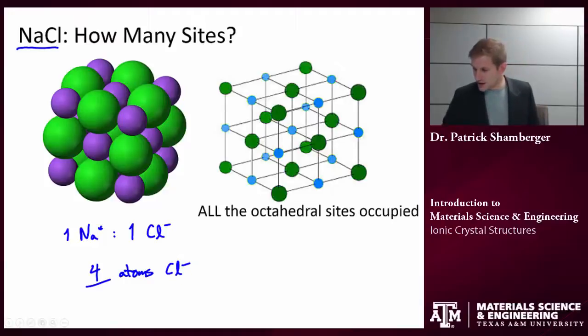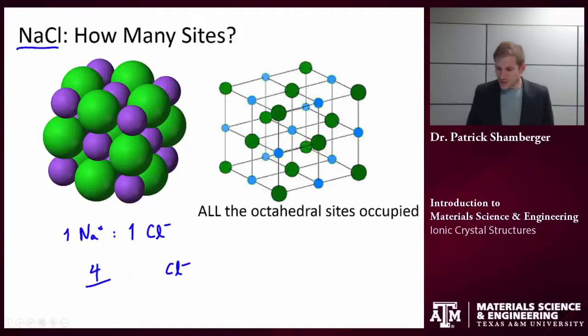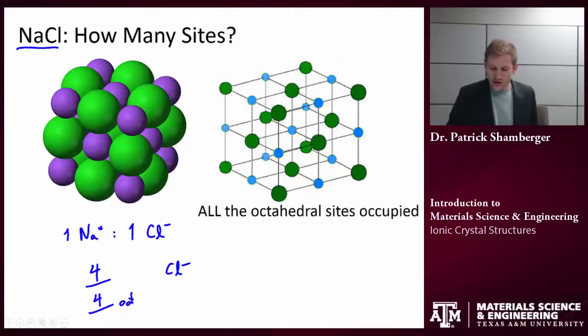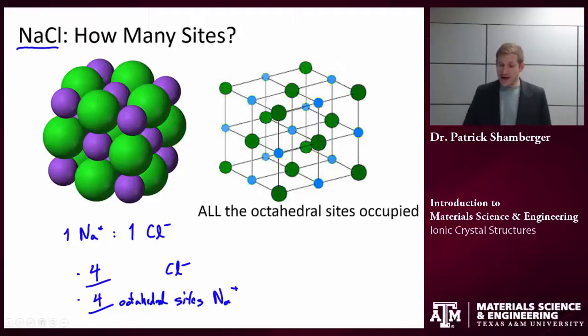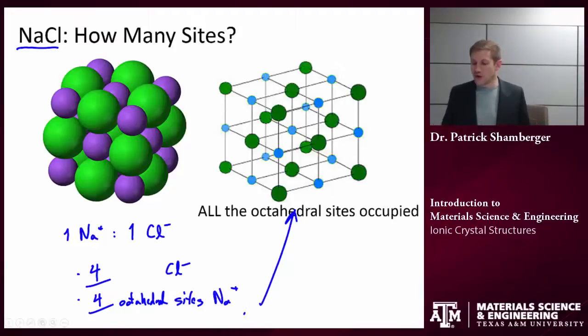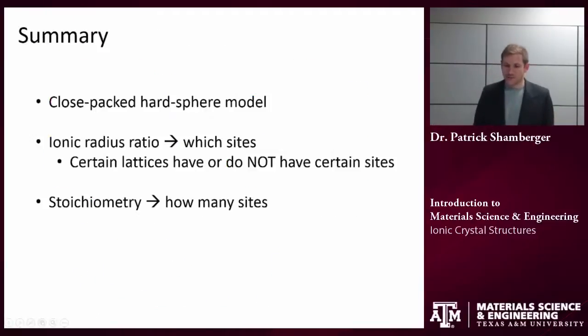These are actually ions, right? So 4 chlorine ions. And so essentially we need to occupy 4 octahedral sites with sodium. And that'll give us a 1-to-1 ratio of sodium to chlorine. And that is the case if all of the octahedral sites are occupied.